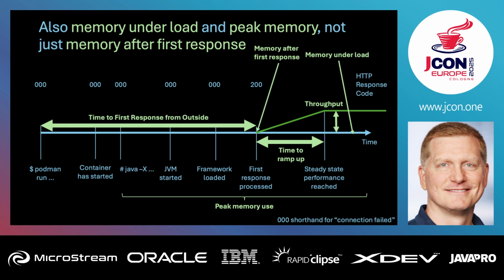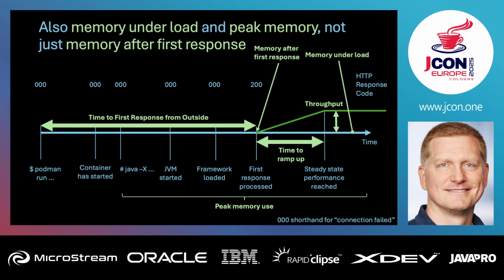So there's a few things here. In a lot of blog articles, especially the ones from frameworks, you'll see them measure this point. You'll see how much footprint is being used, what's the resident set size once you hit the first response. And that's an interesting number, especially if you're a framework person who doesn't want to worry about what the application's doing.